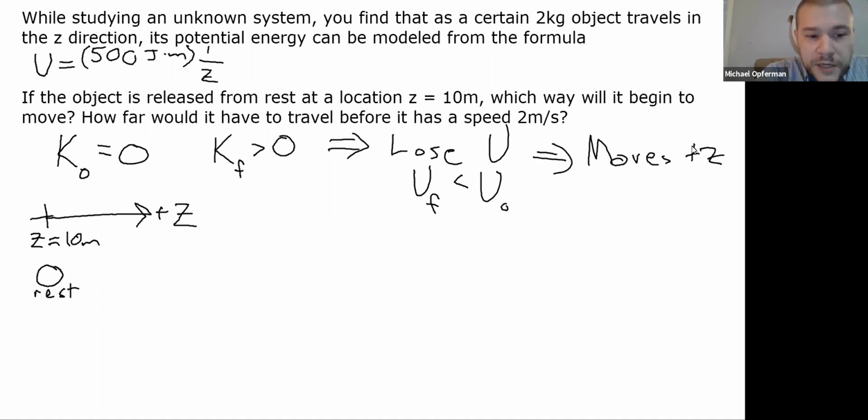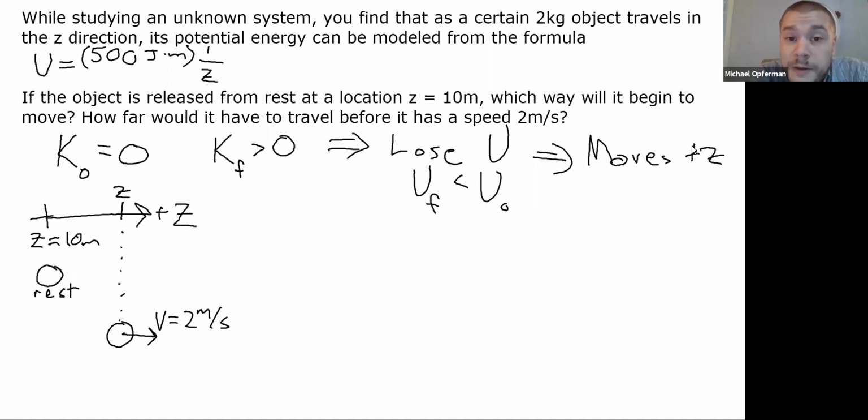Then in my final picture, the object will have moved a little bit in the positive z direction, and now it's going to be traveling at v equals 2 meters per second to the right. And what I don't know is, what is this final z coordinate? What is that unknown final z coordinate that it ends up at?